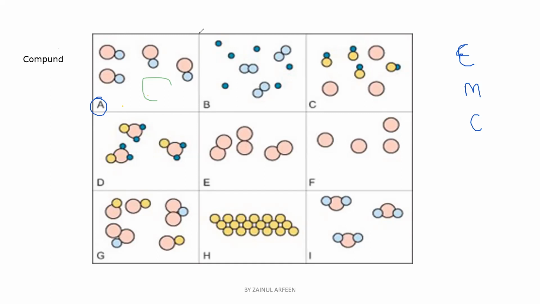So the first one, that is a compound. You can write it on this. So that's right. What about B? B has different types of atoms or molecules, so it means it is a mixture.